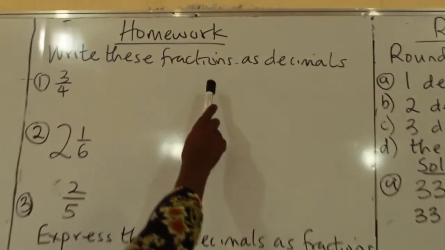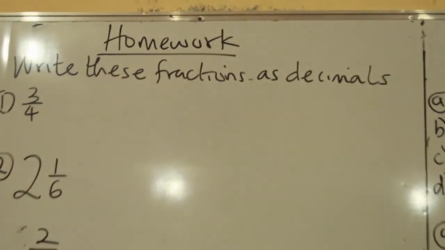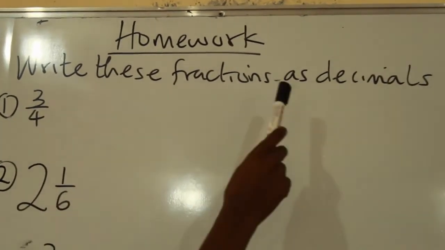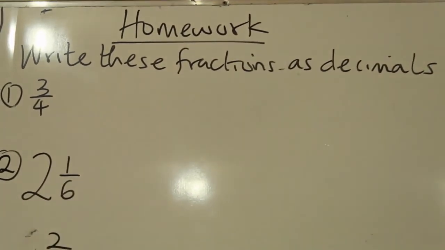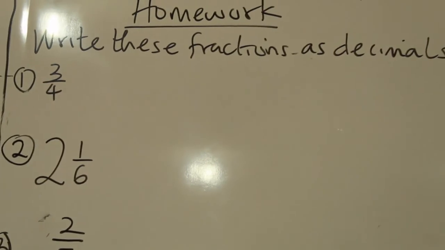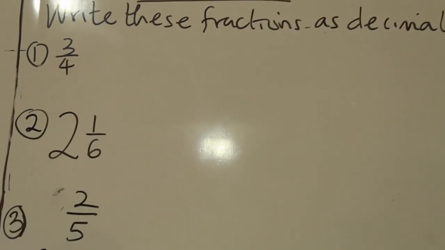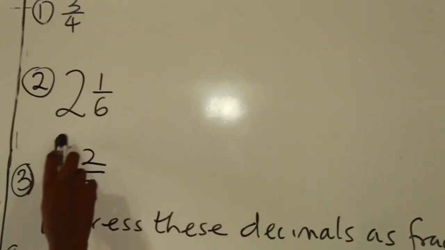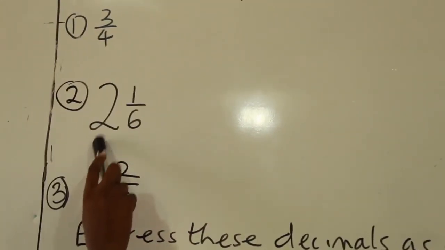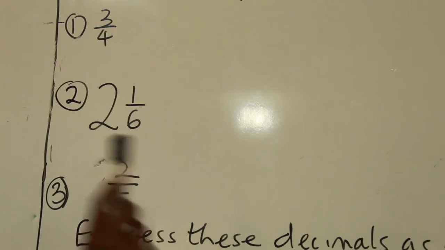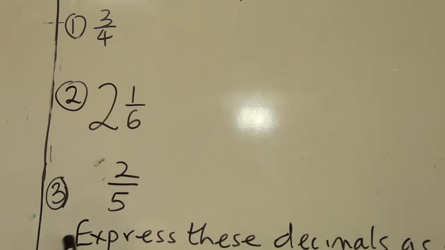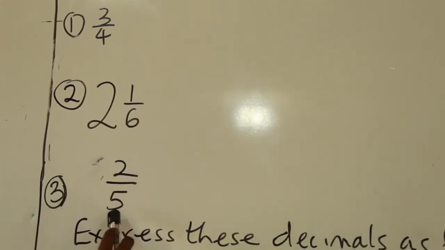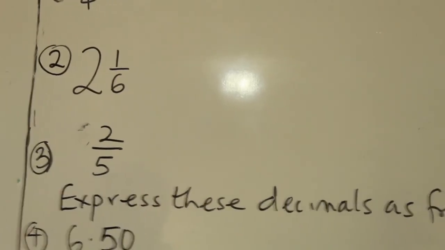Write these fractions as decimals. 1 is 3 over 4. Number 2 is write 2 whole number 1 over 6 as a decimal. And question number 3, write 2 over 5 as a decimal.